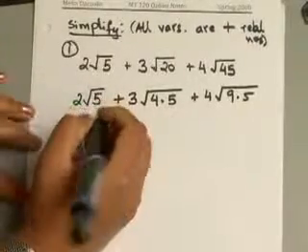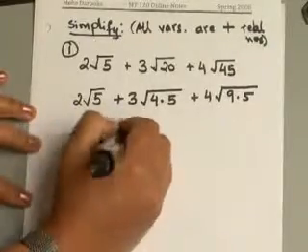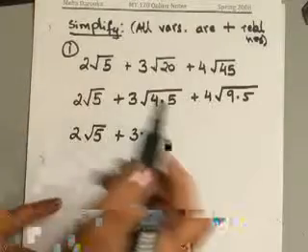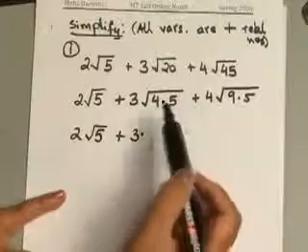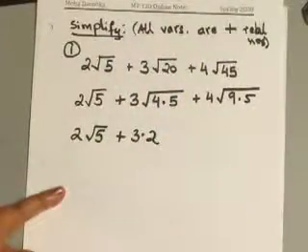You have 2 square root of 5 that stays the same. Okay. Now square root of 4 will come outside. You have 3, or basically square root of 4 will become 2. Okay.